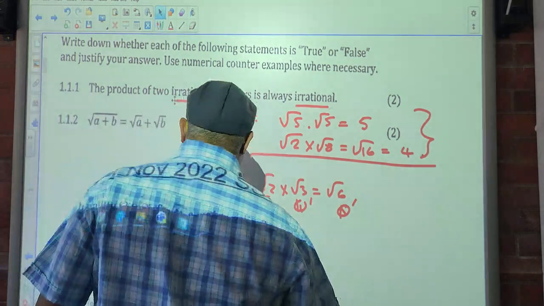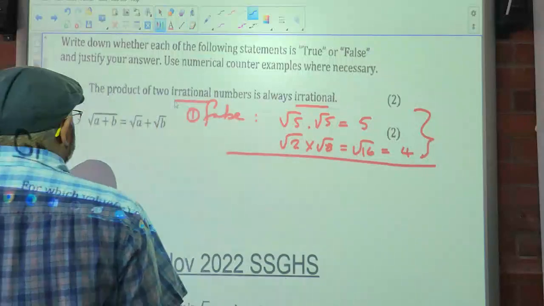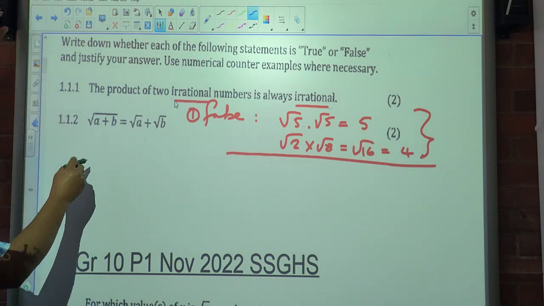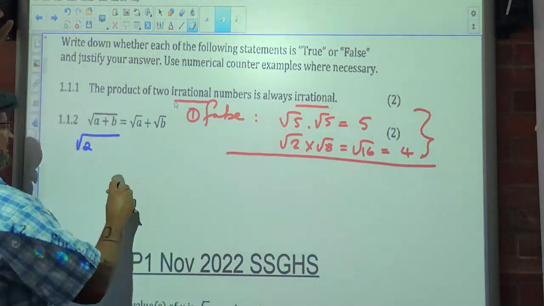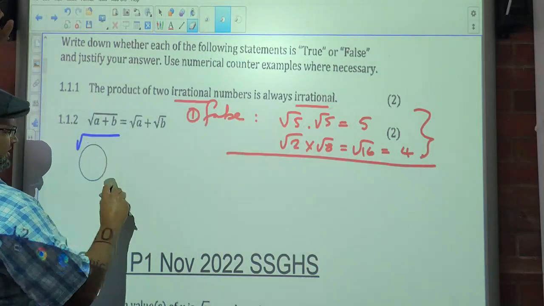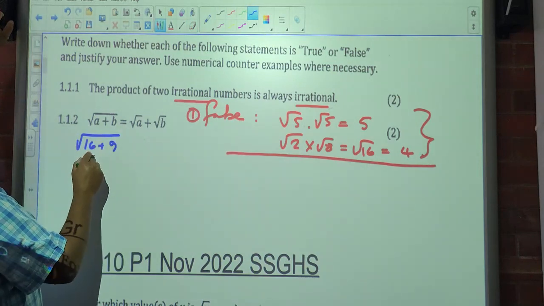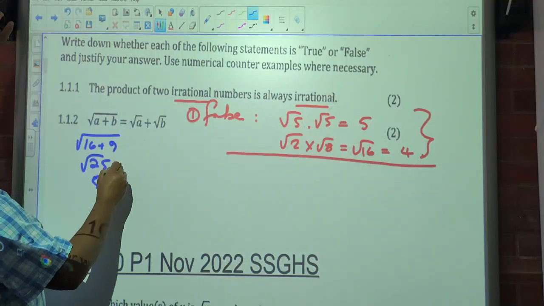Let's look at 1.2. The square root of a plus b equals the square root of a plus the square root of b. Let's check with 16 and 9. The square root of 16 plus 9 is the square root of 25, which is 5.